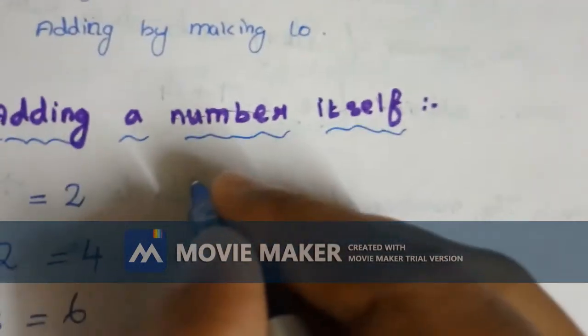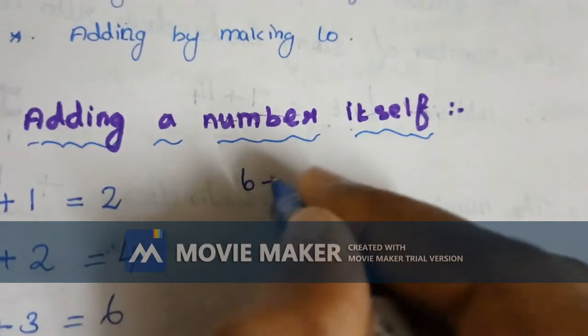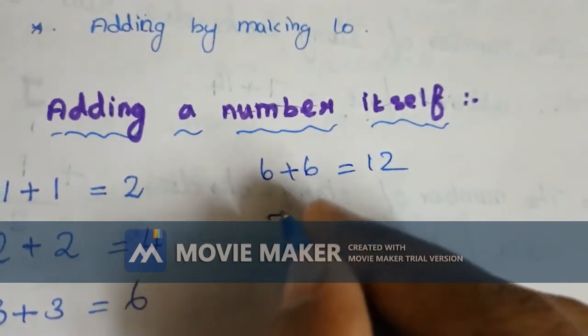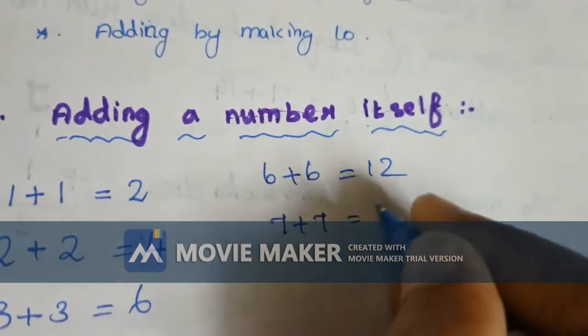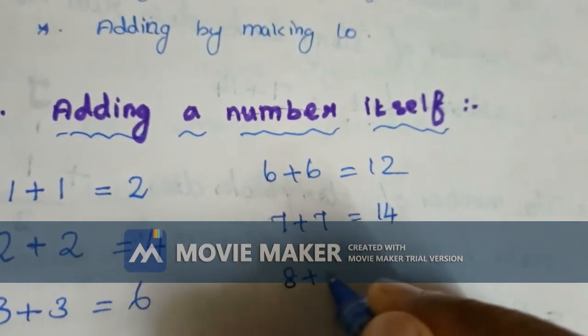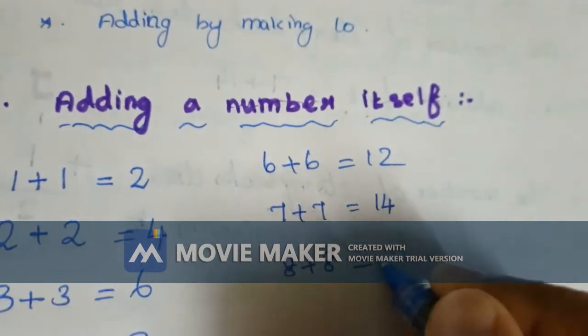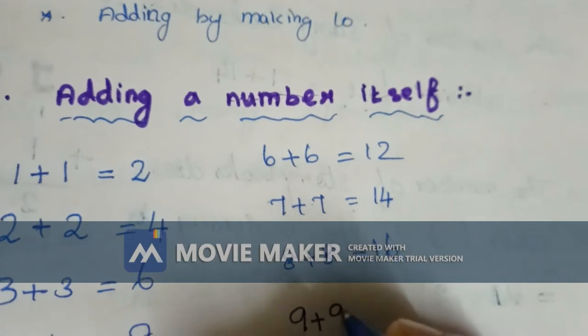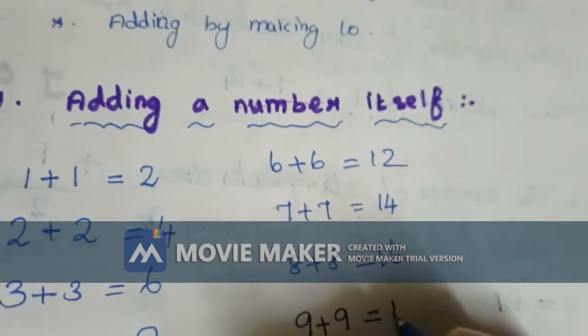Then next, the double of 6 means 6 plus 6, 12. Double of 7, 7 plus 7, 14. Double of 8, 8 plus 8, 16. Then double of 9, 9 plus 9, 18.